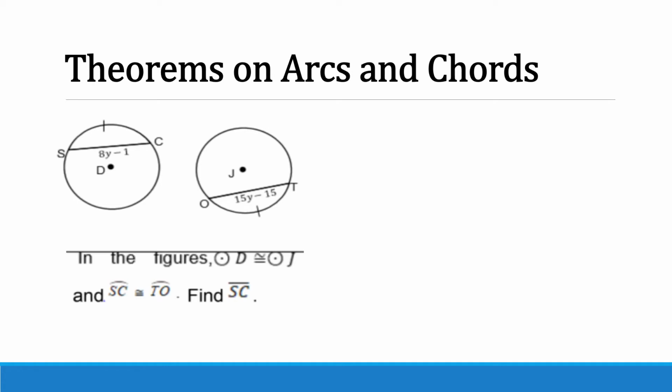Okay, so in the figure, circle D is congruent to circle J, and arc SC is congruent to arc TO. Find segment SC.